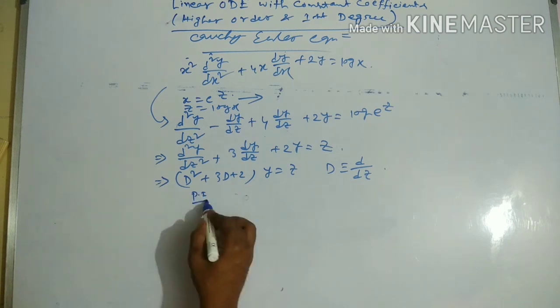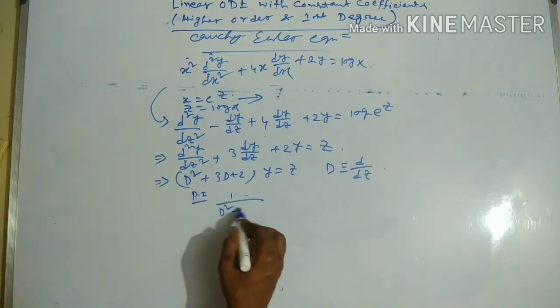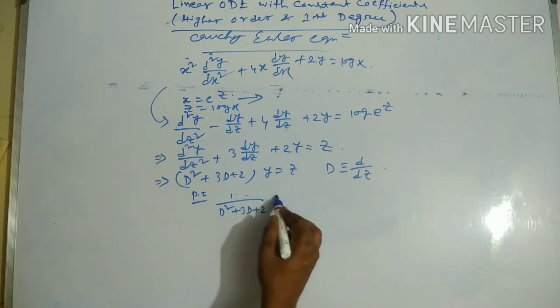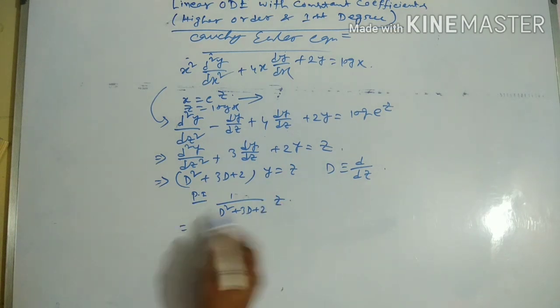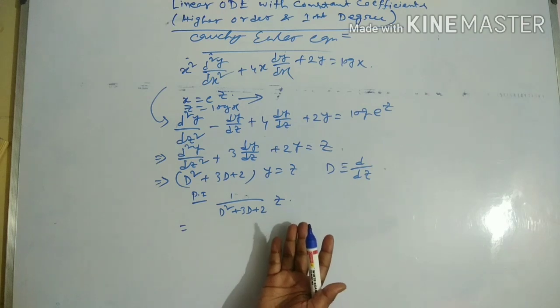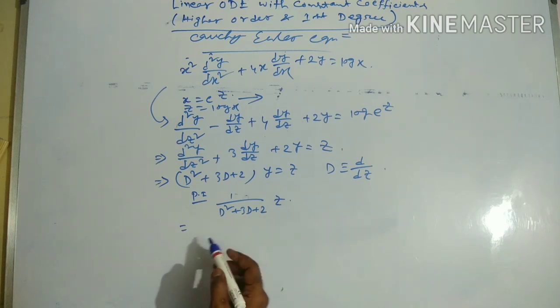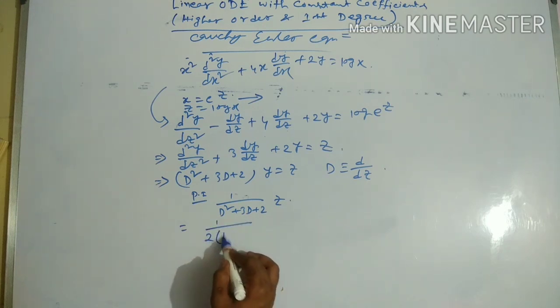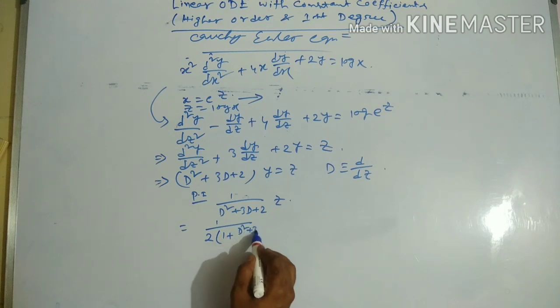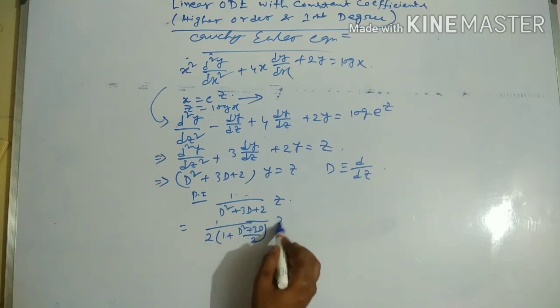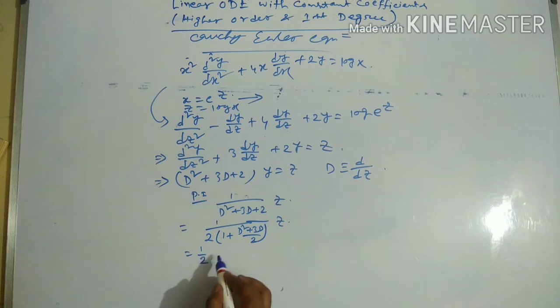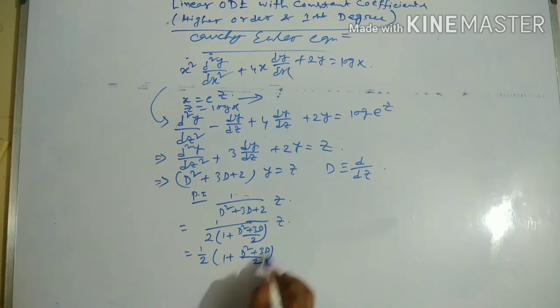PI will be 1 by (D² plus 3D plus 2) operating on z. So this is a polynomial function. You know how to find the PI if there is a polynomial function on the right hand side. I am taking 2 common. This will be 1 by 2 into (1 plus (D² plus 3D)/2) to the power minus 1 operating on z.